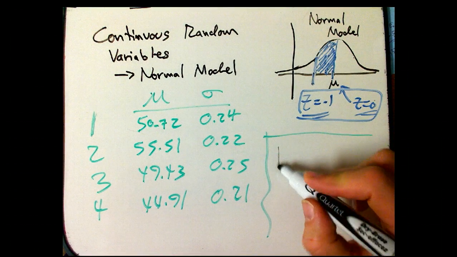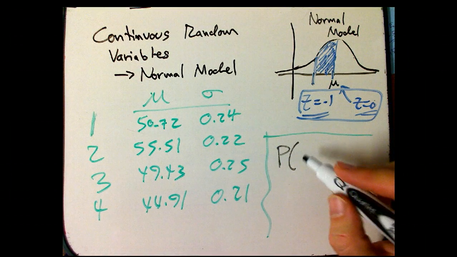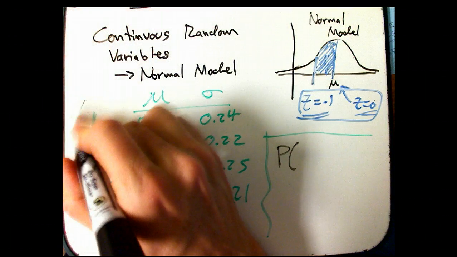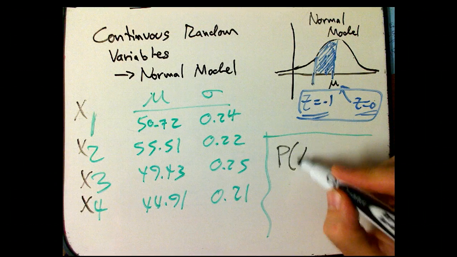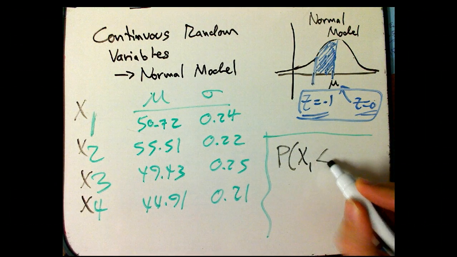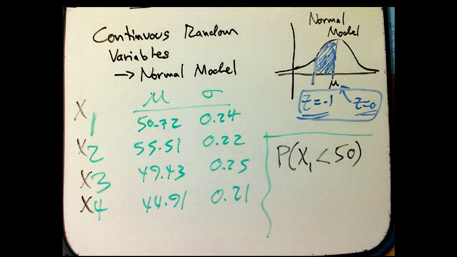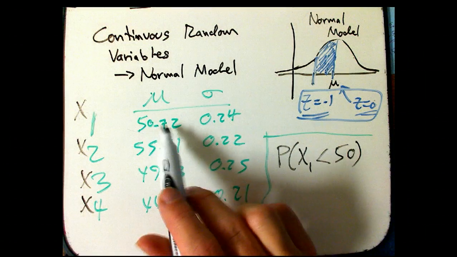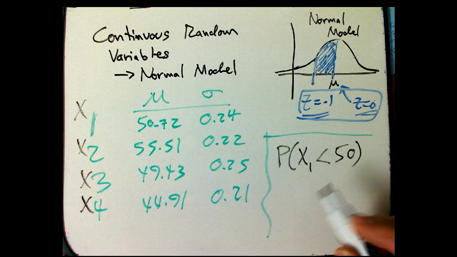What's the probability, let's say, that on the next swim, and let's call this x1, x2, x3, and x4, that swimmer 1's time will be less than 50 even. Okay? So their average is 50.72, not a big standard deviation. That would be quite an accomplishment for them. How would we get that?